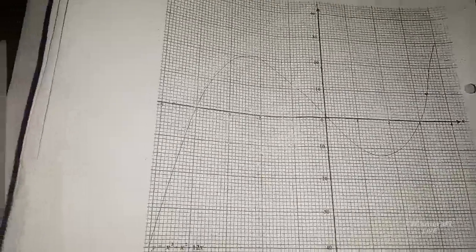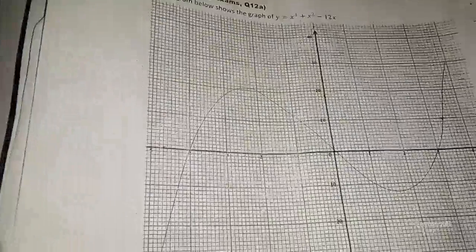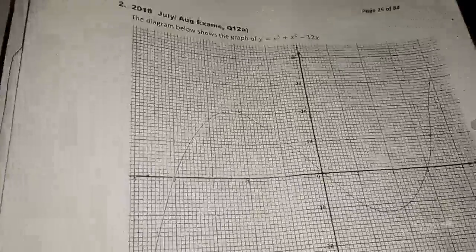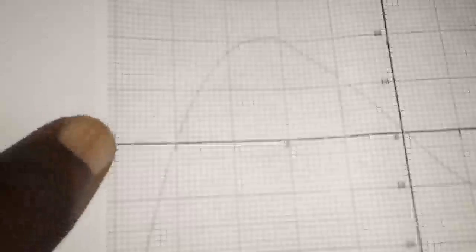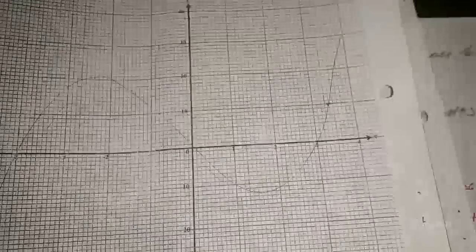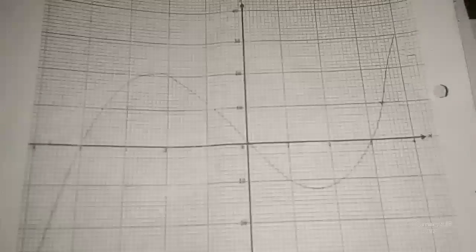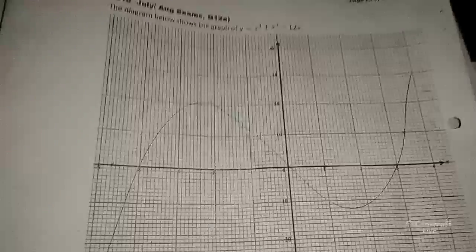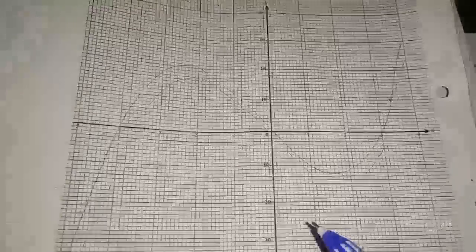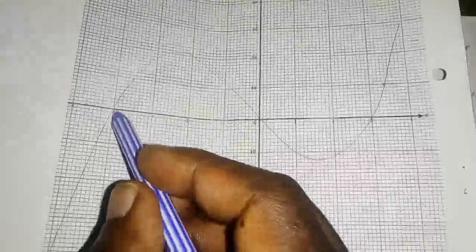Where y is equal to 0 is the x-axis, the line that crosses the x-axis on the graph. So this is the line here. Now when you see this, the graph crosses the x-axis at 3 points. I'll start with this point.